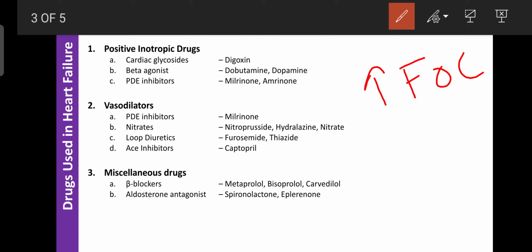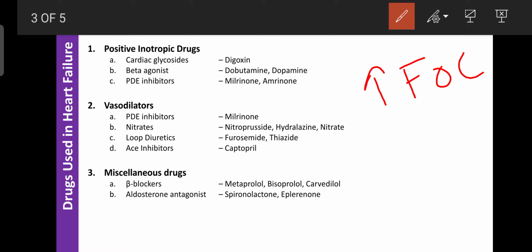In congestive heart failure, the contraction of cardiac muscle fails. Due to being unable to contract, the heart fails, or the person suffers from congestive heart failure. Positive inotropic means those drugs enhance the force of contraction. Such drugs are known as positive inotropic drugs.